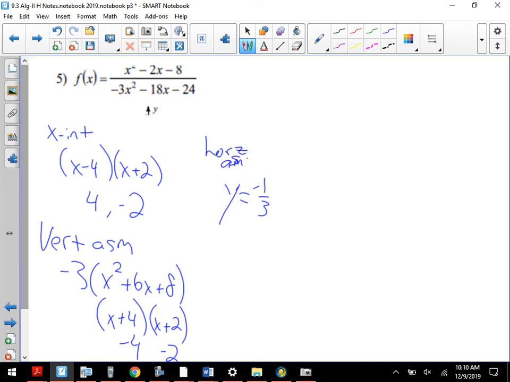The y-intercept in this case would have been at 1/3. Negative 8 over negative 24. That was on the Thursday one. That's how you would go with that one. No slant asymptote because the degrees are the same.